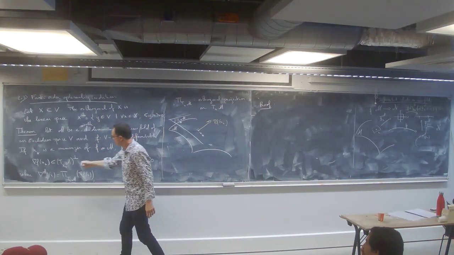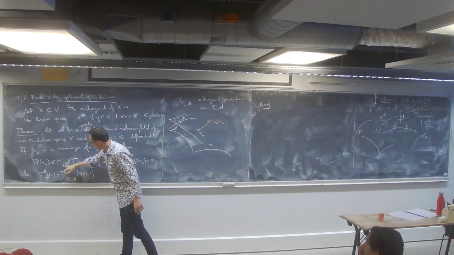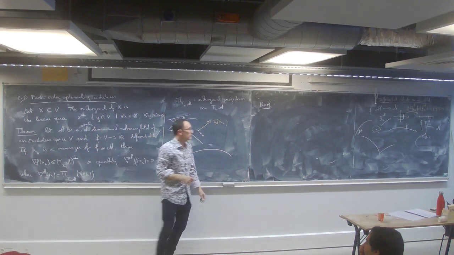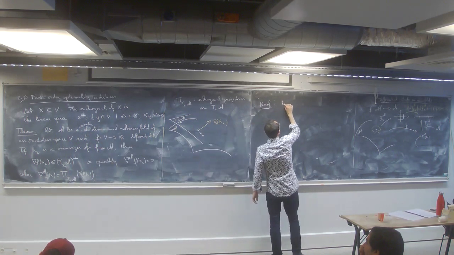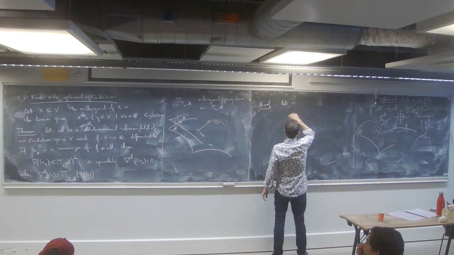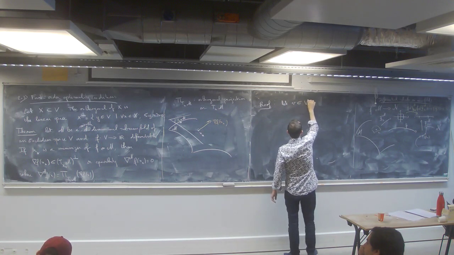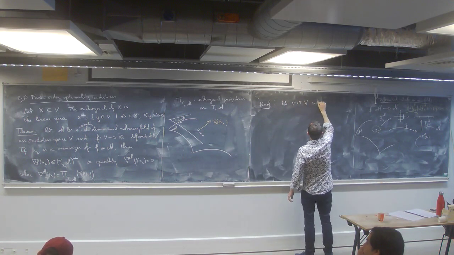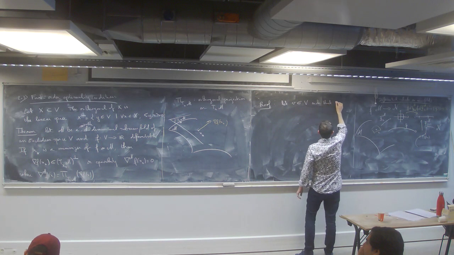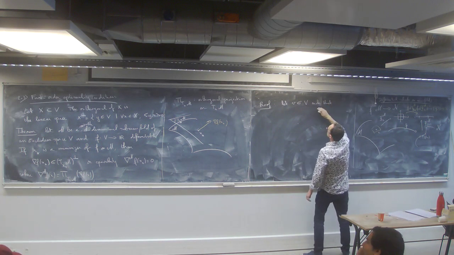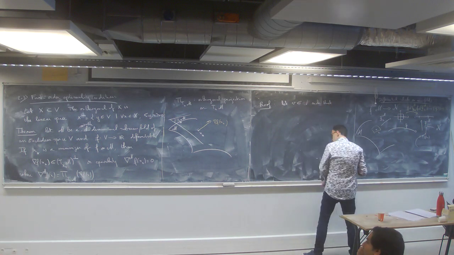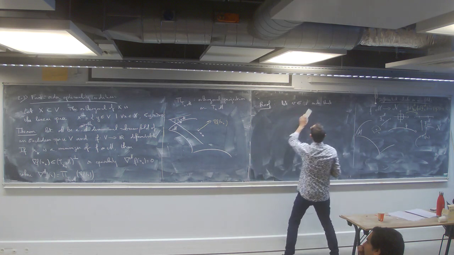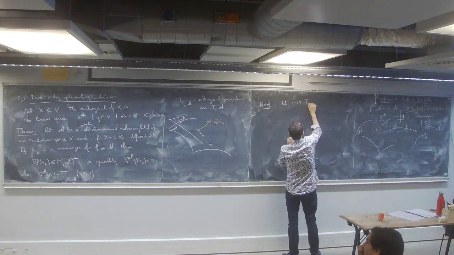So what is this space? This space is simply the space of vectors v in this tangent space.